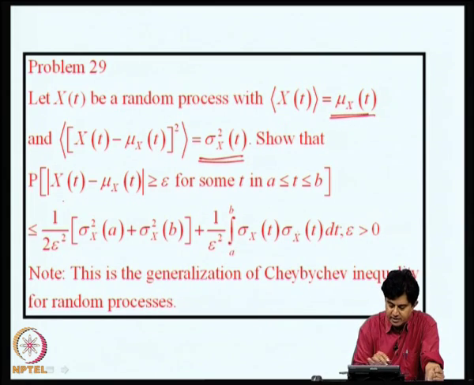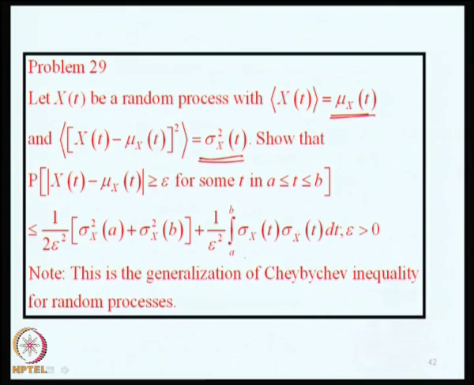Now, the inequality that we are asked to show is probability of modulus of x of t minus mu x greater than or equal to epsilon for some t in a to b is less than or equal to a quantity which involves the variance of x evaluated at a and b and an integral over a to b. So, this is a generalization of Chebyshev inequality, and this can be proven.